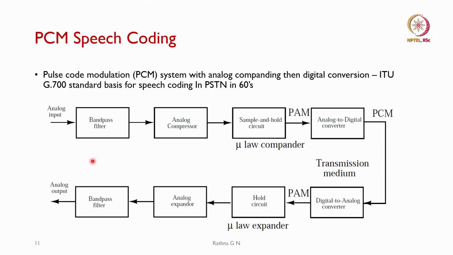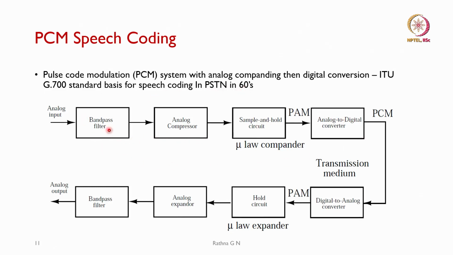So, coming to PCM speech coding, a system with analog companding, then digital conversion, the standard is the International Telecommunication Union standard ITU G.711, the basis for speech coding. In our PSTN in the 60s, the digital lines and telephones that we had are given by this.